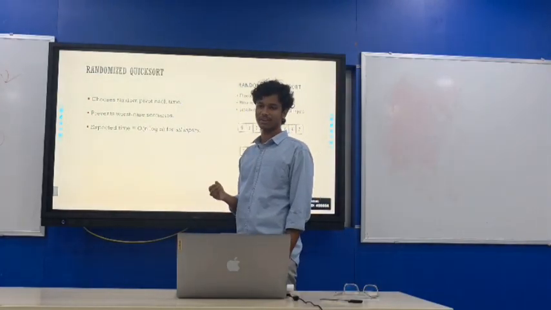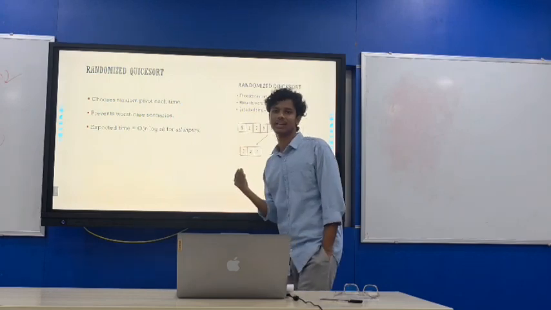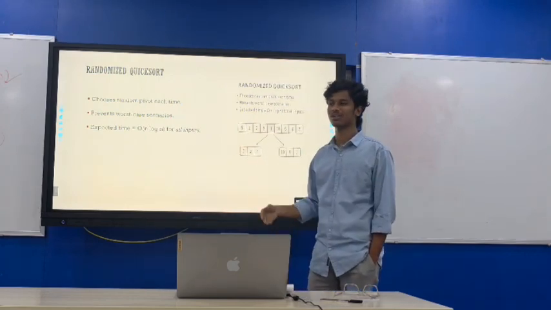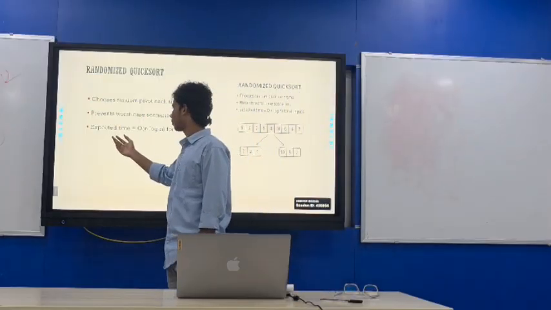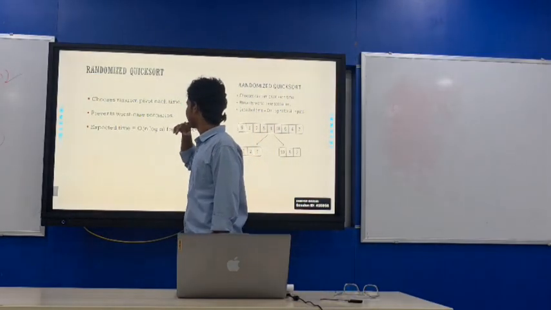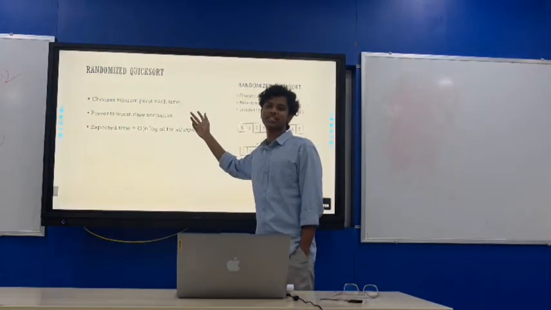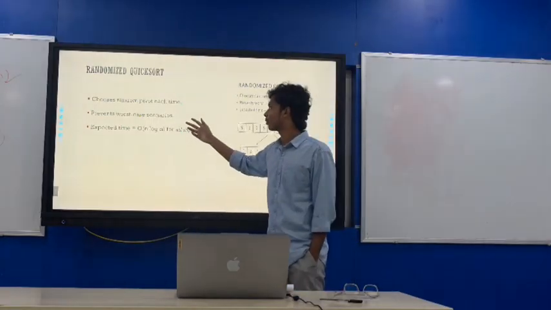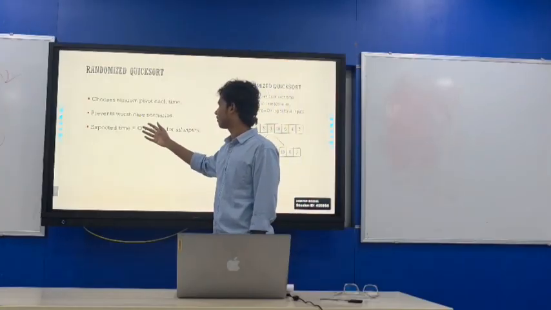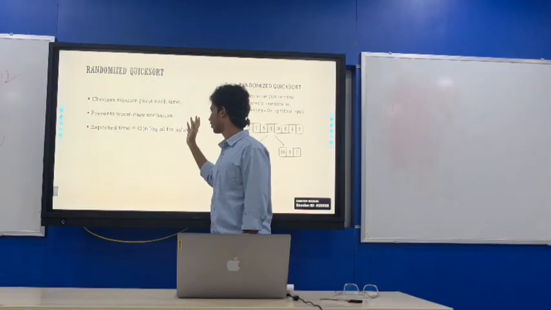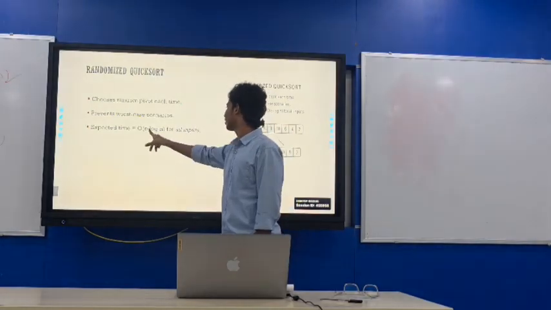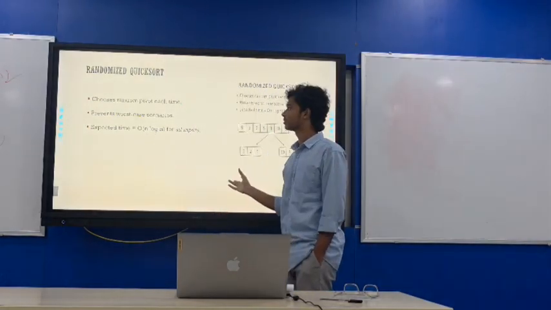For example, if the pivot is in the first position or at the last position, it makes our complexity higher. By using probabilistic analysis through randomized quicksort, we can prevent the worst case from big O of n square to big O of n log n for all inputs.